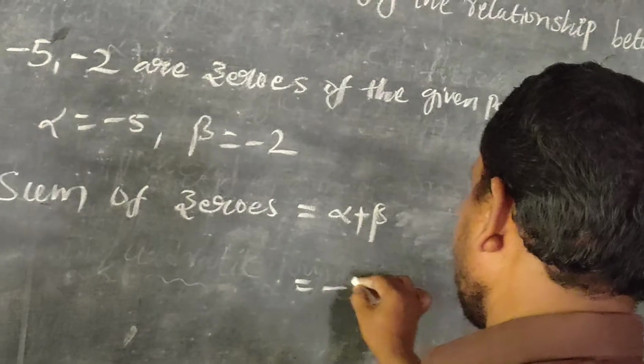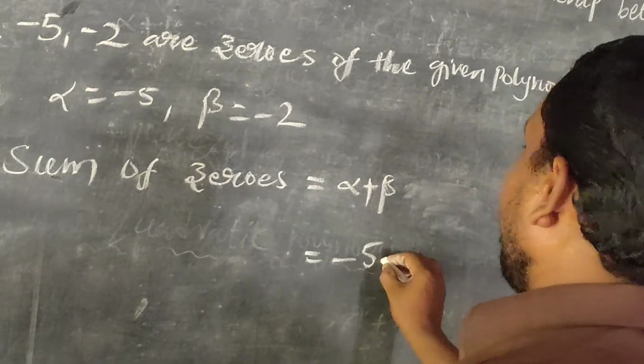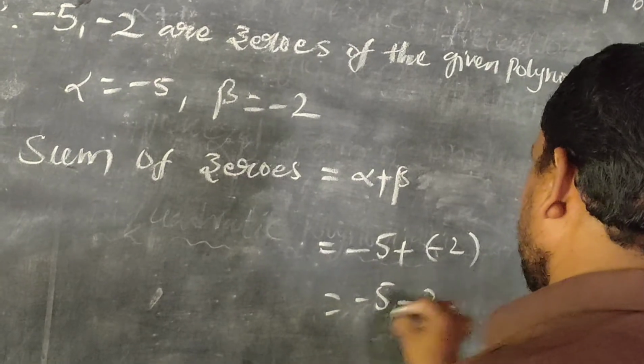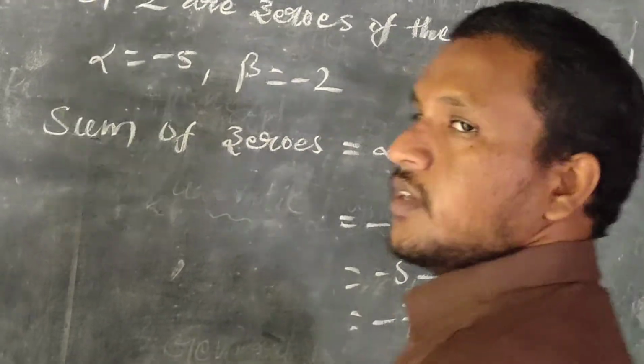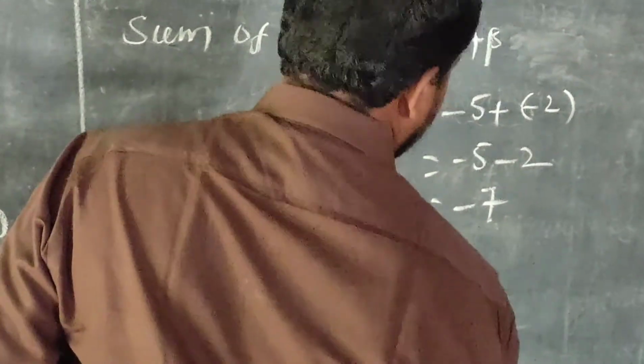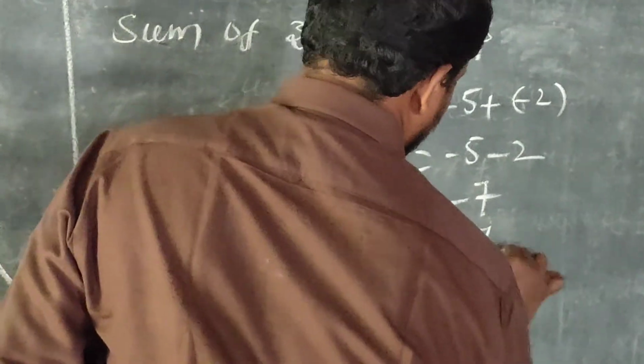Adding both, minus 5 plus minus 2, that is minus 5 minus 2, which is equal to minus 7. This can be written as minus 7 by 1.